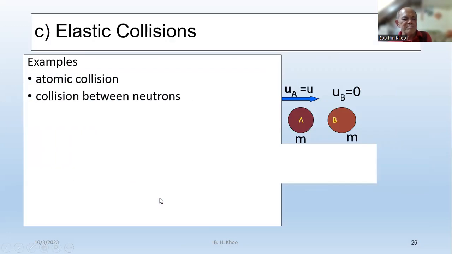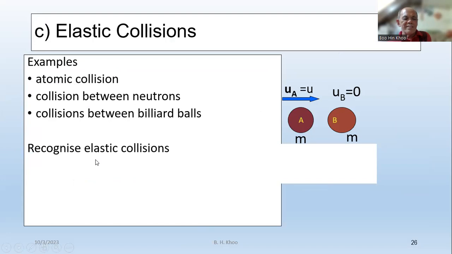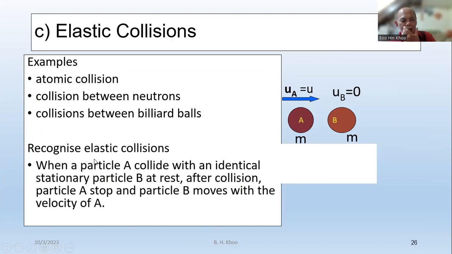Just repeating. Example, elastic collision is usually in atomic collision, atom and atom. Collision between neutrons, collision between billiard balls. This is approximate only. Recognize elastic collision when particle A collides with an identical stationary particle B, moving with velocity UA, and that one is stationary.